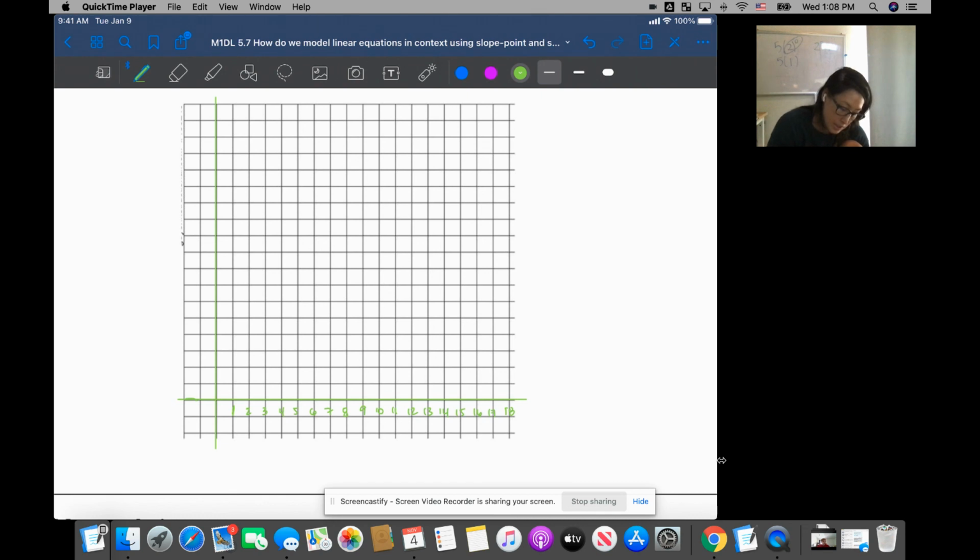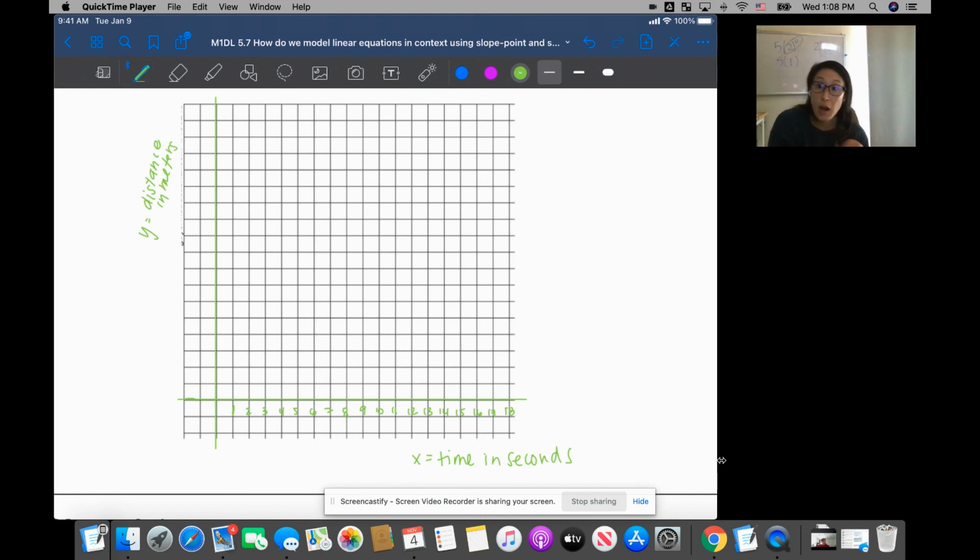And I need to say that this x-axis is equal to the time in seconds. And then the y-axis is equal to the distance in meters.